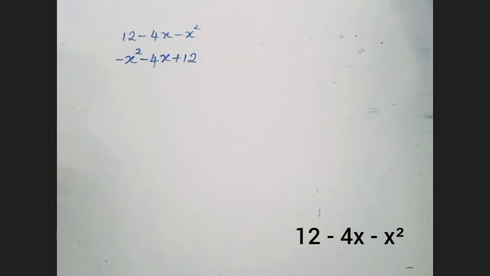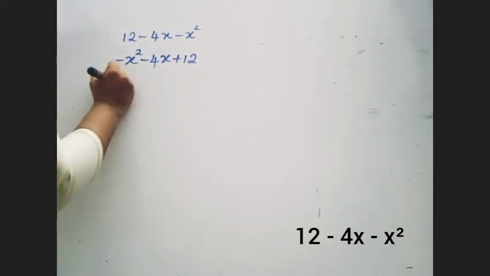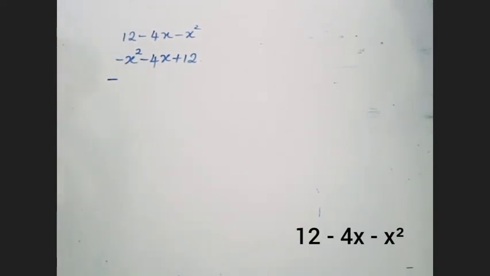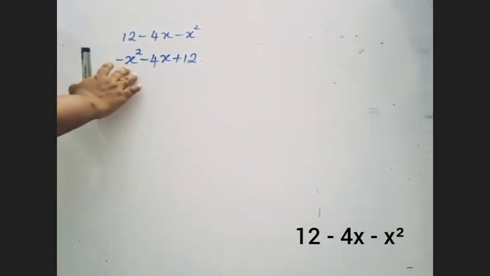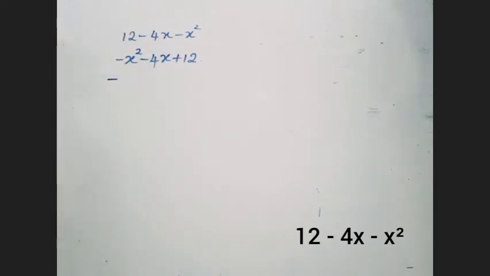Now let's factorize it. As you can see here, we have negative 1 as the coefficient of x square. Am I right? And here it is positive 12. So it is rather confusing when you have a negative in front of the x square. So what I can do here is take the negative, that means you are dividing the entire expression by negative 1.